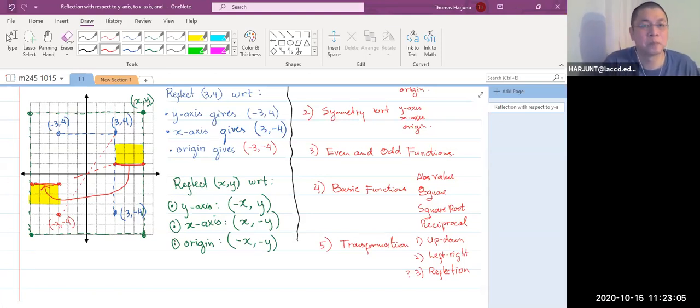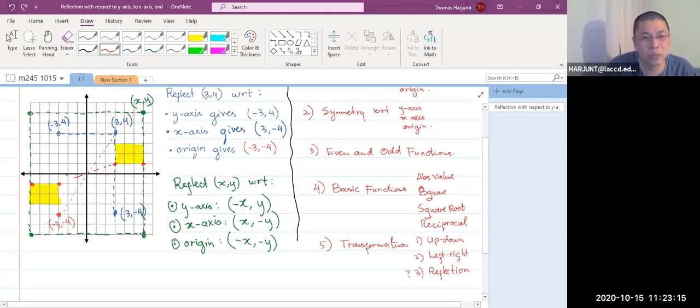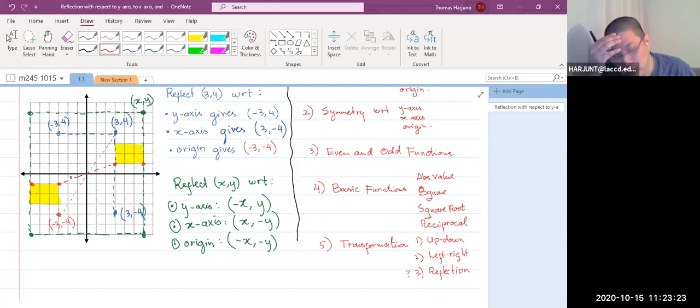So reflection with respect to origin can also be said as rotation with respect to the origin by 180 degrees. That's just another way to say it, okay? But when we reflect with respect to y-axis, that's not rotation, that's just purely reflection. When we reflect with respect to x-axis, that's purely reflection.